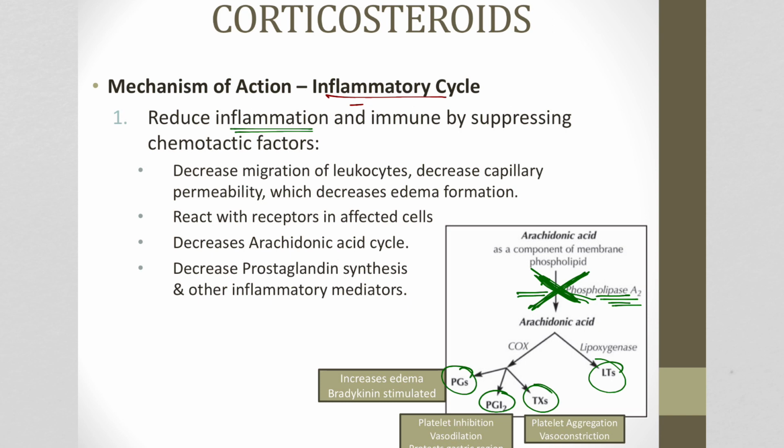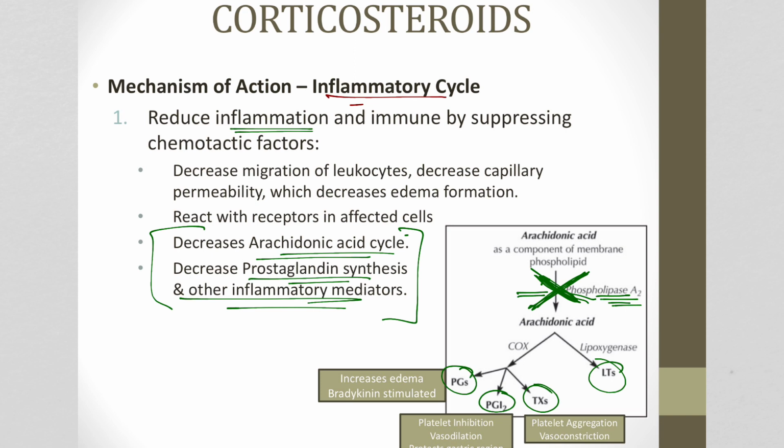The other thing that we see is there's a decrease in pain because we don't have prostaglandin synthesis and we don't have the bradykinin system being activated, right? So these things are all very, very great, right? So we'll decrease the arachidonic acid cycle, decrease prostaglandin synthesis, and other inflammatory mediators. Examples: your histamines, your leukotrienes, your prostaglandins, and that's all great. That's all going to reduce inflammation and reduce pain.